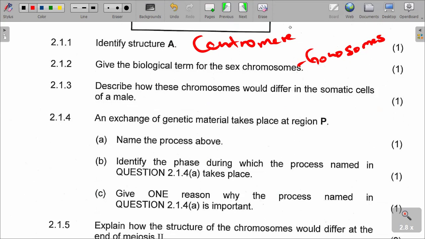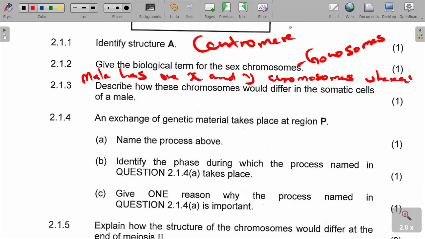A male would have one X chromosome and one Y chromosome, whereas a female has two X chromosomes, XX.